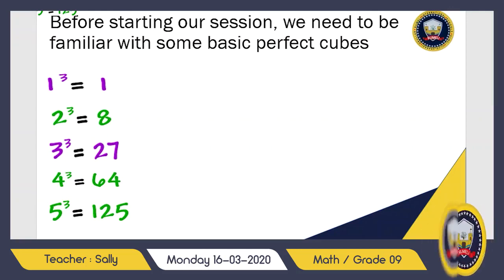You have to study them because these are the most popular numbers which come even in SAT exams. 2 to the power of 3 gives me 8. 3 to the power of 3 is 27. 4 to the power of 3 will give me 64, and 5 to the power of 3 is equal to 125. These are the 5 numbers. You should study them by heart because they are very popular in most of the questions in factorizing.